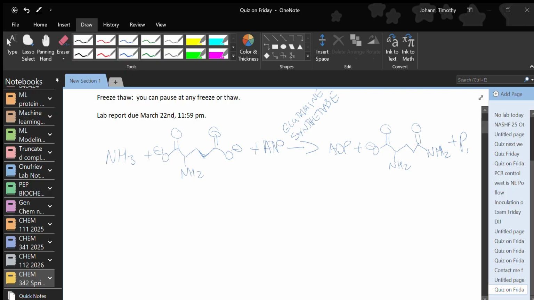But actually, it's coupled with another reaction that's going to get that ammonia in to make a glutamate. So our glutamine then can react with an alpha ketoglutarate and transfer over the amine to make that alpha ketoglutarate into a glutamate.